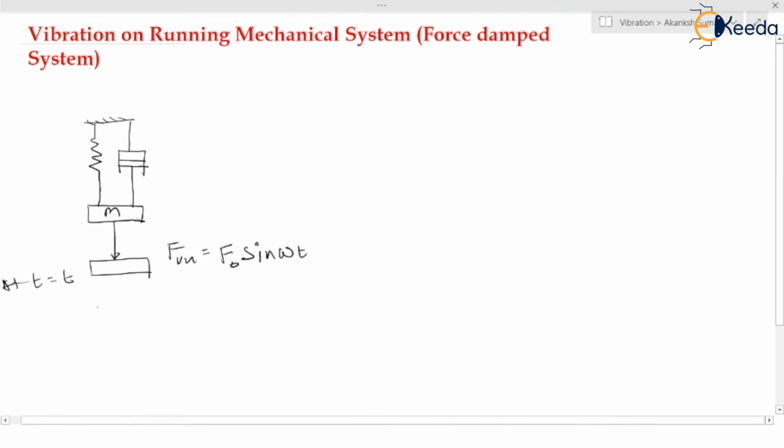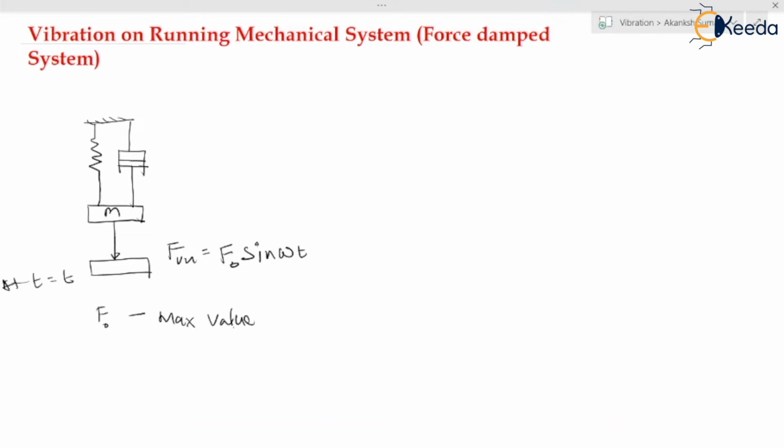Here we know that F naught is the maximum value. And what is the maximum value? In the rotating unbalance, it would be m e omega square, whereas in case of reciprocating unbalance, there will be m reciprocating r omega square, where m is the mass of reciprocating part, or you can say mass of the system or mass of the machine element.